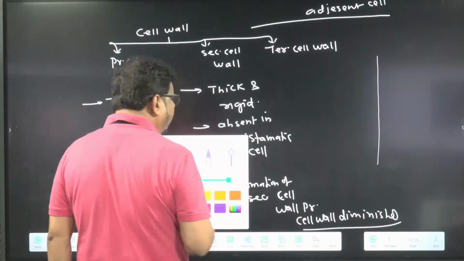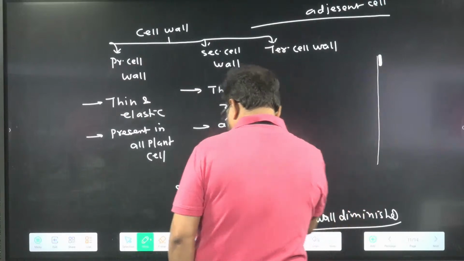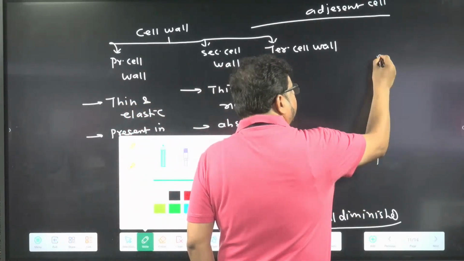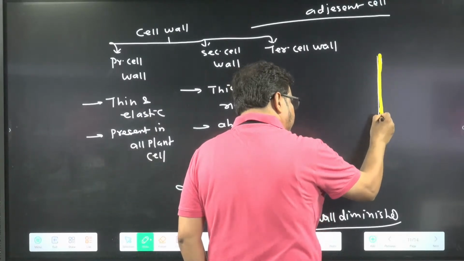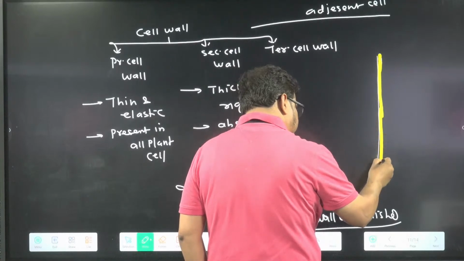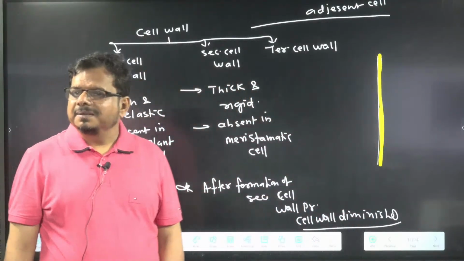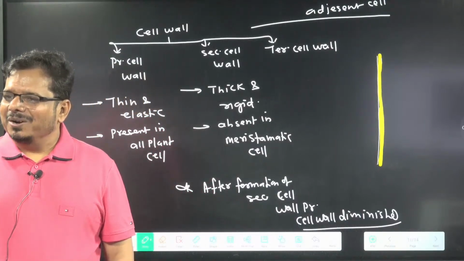It is thin and elastic. Now I am drawing another line of a different color. Try to understand. I am drawing another line. Is the first line clearly visible to you? Not really, na?